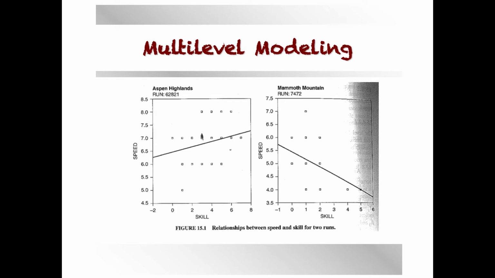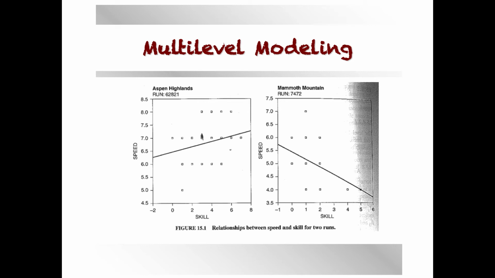And so this is sort of the graphical representation of the full multi-level model, because you can graph all 10 regressions, right? And then you can superimpose them on top of each other to get a sense for how they're different on intercept and slope. So for example, in this case, the Aspen Highlands ski run there, 62821, they probably could have just called it ski run number 7.